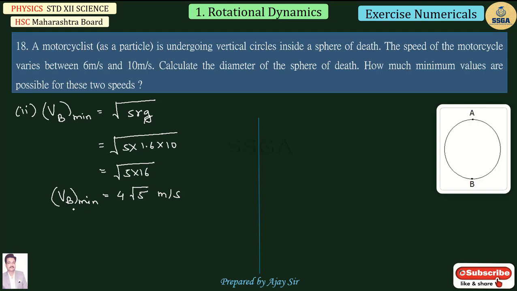Now let us find the minimum possible velocity at point A. The formula is the square root of rg.